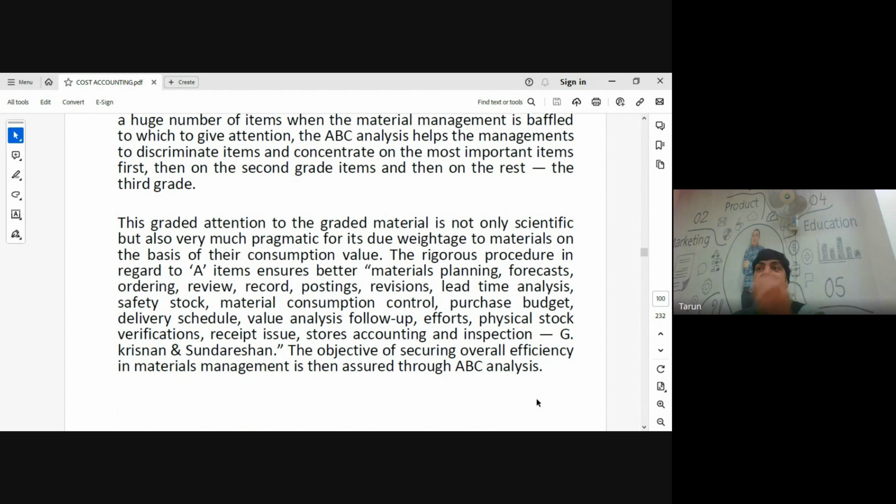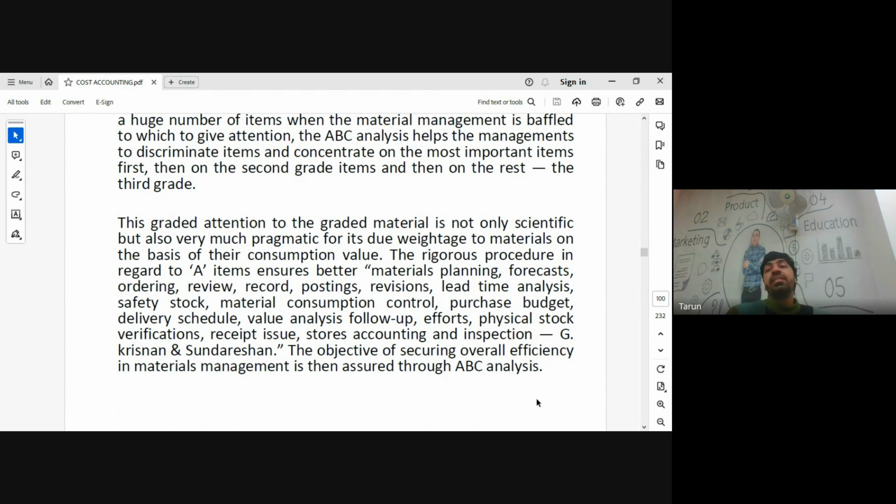These are the weightages, the mathematical percentages prescribed and formatted according to the ABC analysis, and such 70%, 20%, 10% is calculated on the total value of the consumption. So it is a very rigorous process. Why?